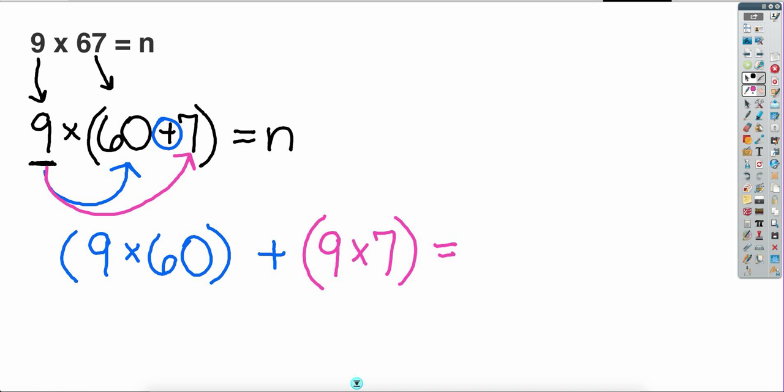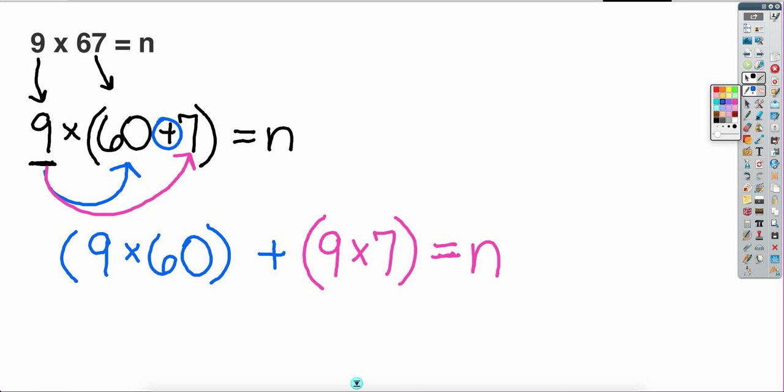I am solving for n, right? So I have to go back and do my partial products. What I mean by partial products is that it's a part of a product. I don't have my final answer, so I have to do one product or one part at a time.